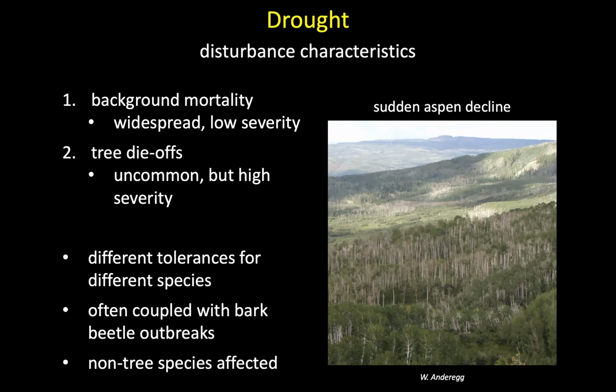Another characteristic of drought is that it's often coupled with bark beetle outbreaks, so that these disturbance types interact to kill trees. And then with very severe droughts, other non-tree species, such as understory herbaceous plants or shrubs, can also be killed. And so drought is somewhat species specific or vegetation type specific and somewhat not, depending on its severity.